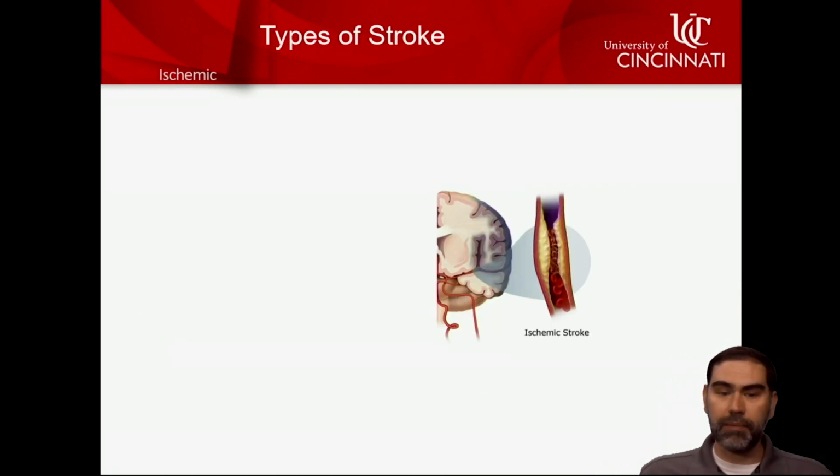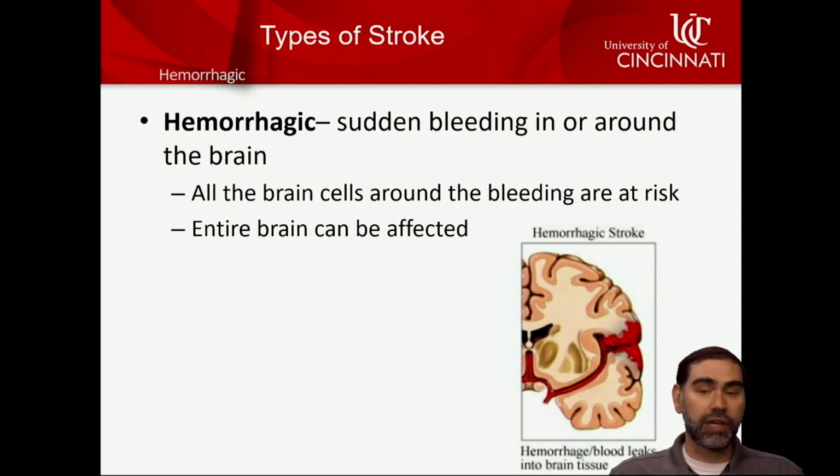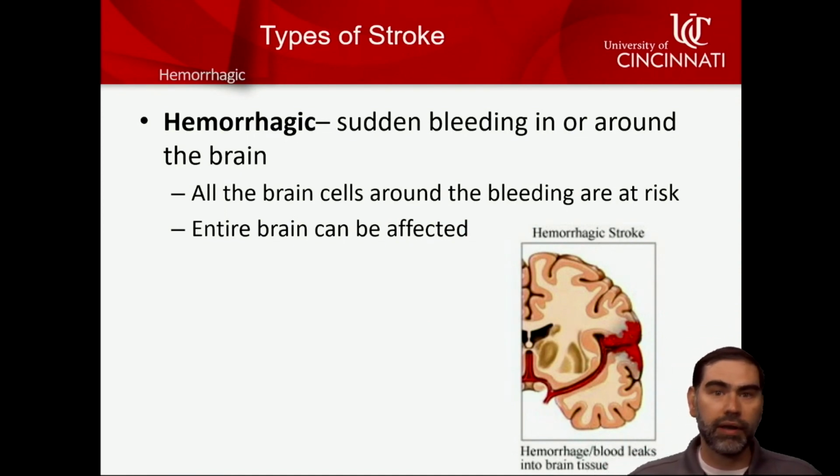All right, so that's ischemic stroke. That's the most common that we see. The other stroke syndrome that is just as important, although at the end of the day somewhat different disease process, is hemorrhagic stroke. So we conceptualize this still as stroke. Hemorrhagic is just bleeding in or around the brain.